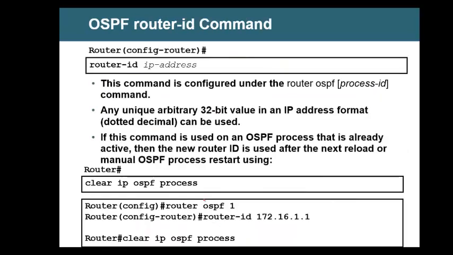You see, you can clear to start the OSPF process so that this new address will be taken as the router ID. If this command is used on an OSPF process that is already active, so if there is already an active router ID, the new router ID will be used only after reload or manual process restart.